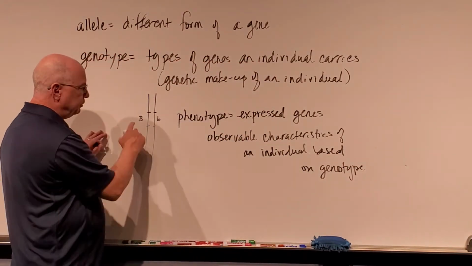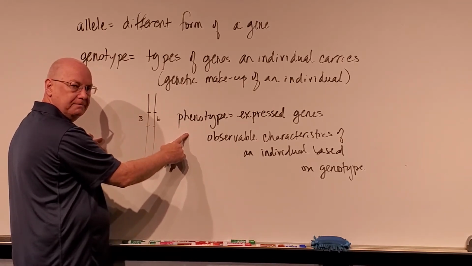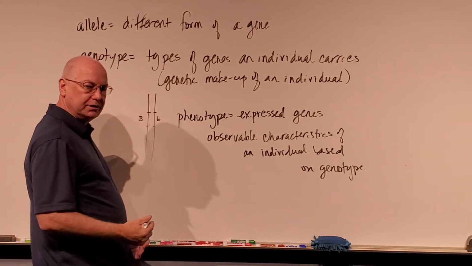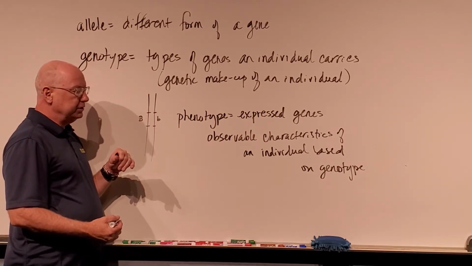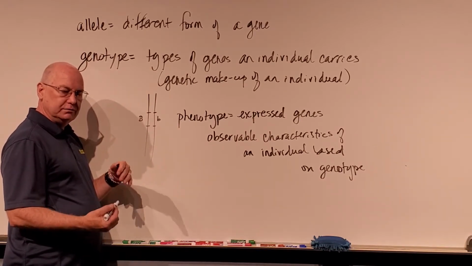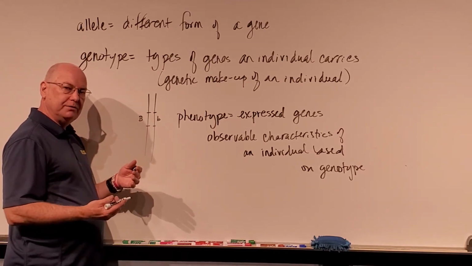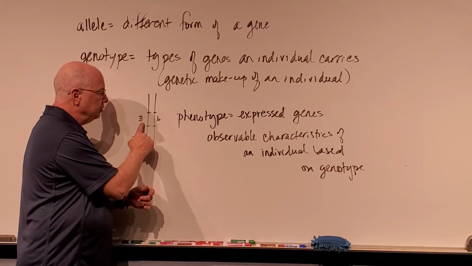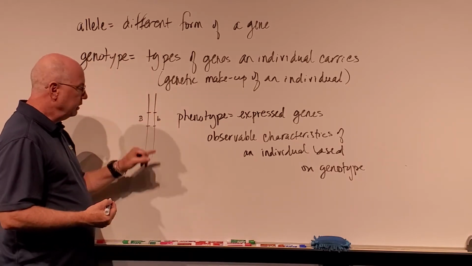So for example, this person would have brown eyes. That's their phenotype. You see what is expressed. If you've got brown eyes and brown hair, and someone else has blue eyes and red hair, what you're seeing is the phenotype. The genotype is what genes are they carrying? What is their genetic makeup?